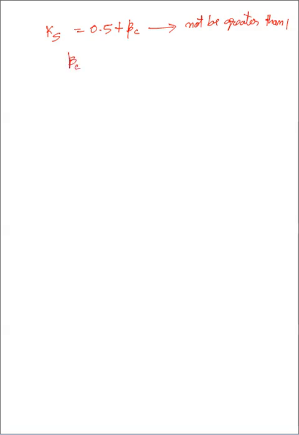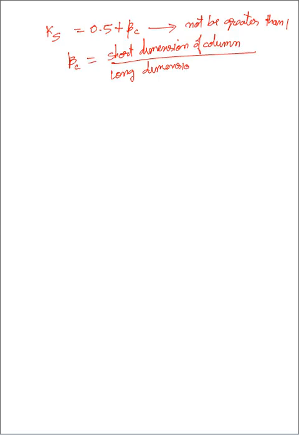Now what is beta_c? It is the short dimension of the column, not of the footing, divided by the long dimension.